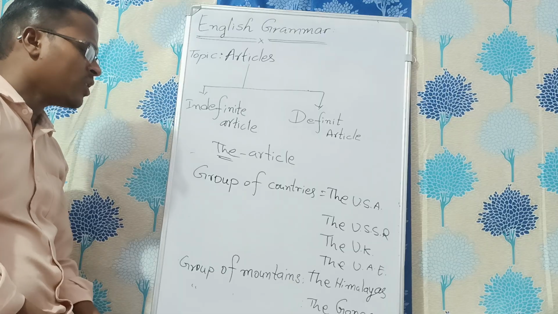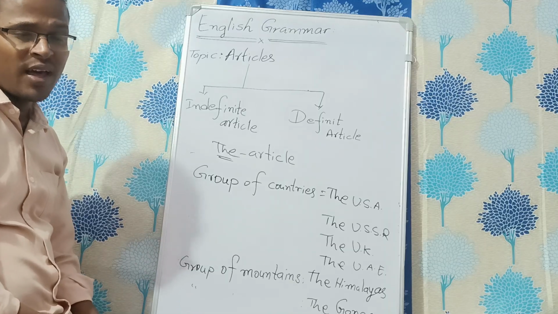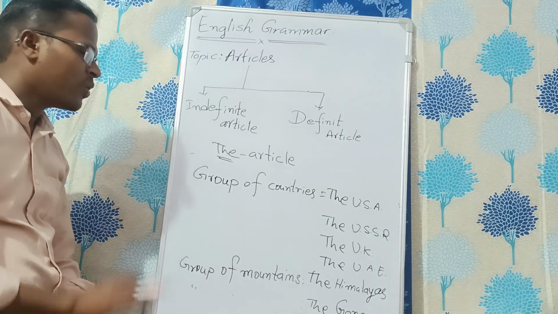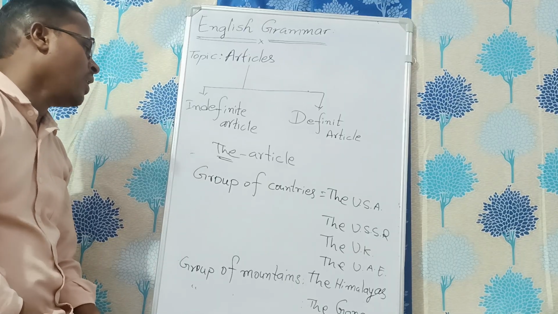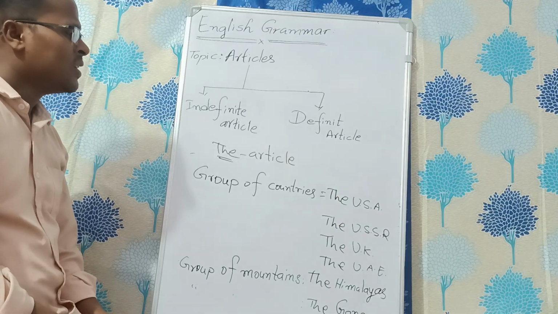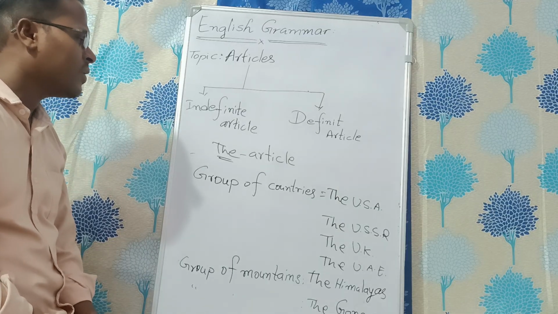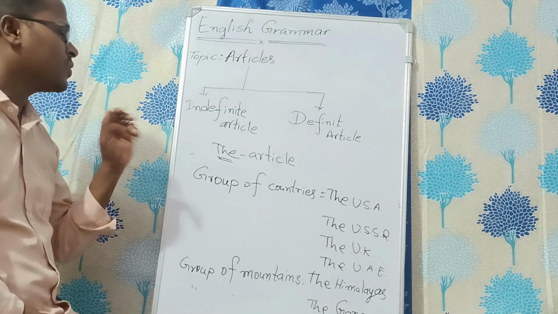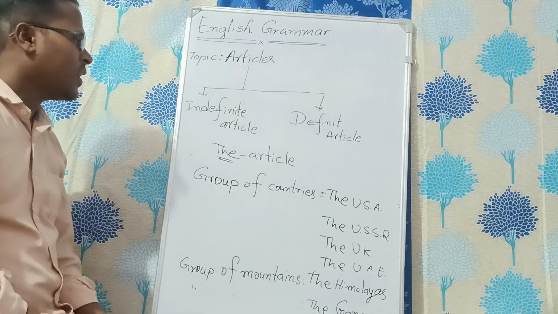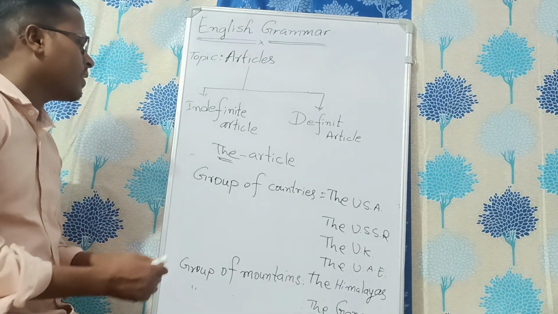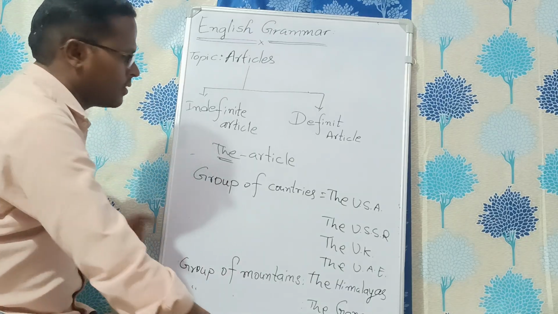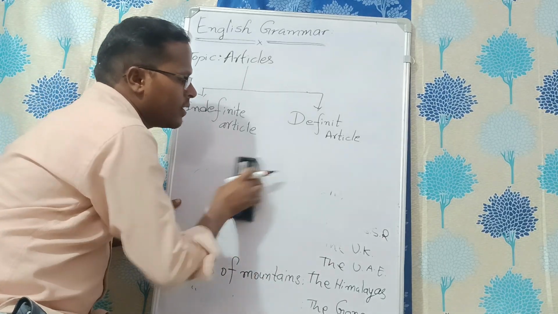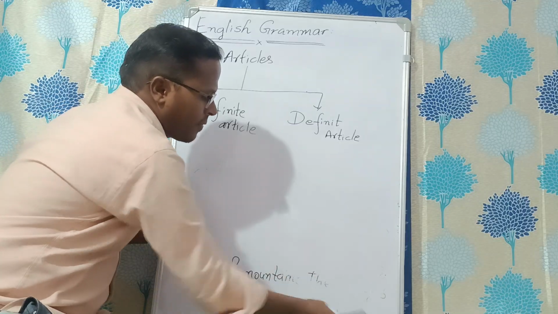But you should not use the article before lakes. Okay. I hope you all got an idea of articles, where they are used, how many types. Indefinite articles are a and an, and the definite article is the.